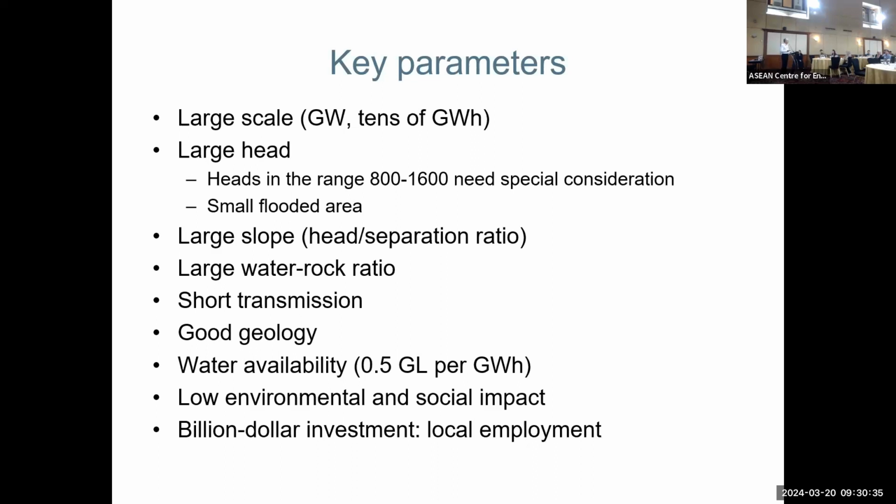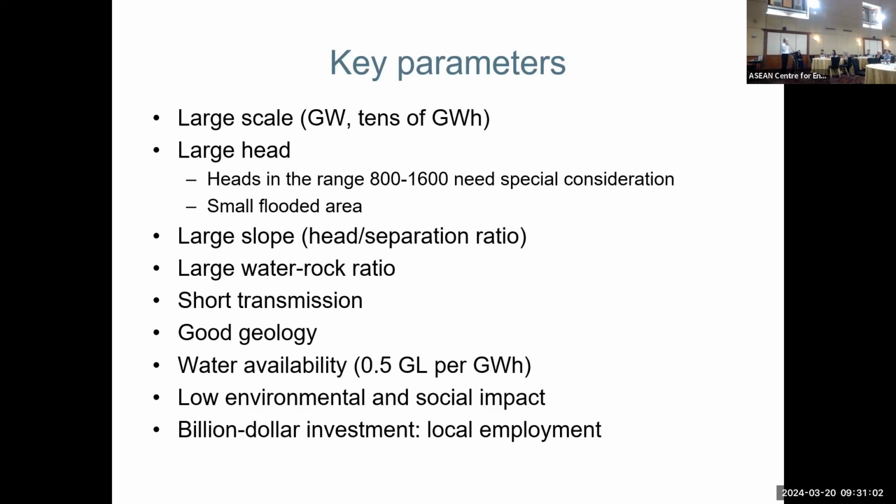Obviously, you have to carefully consider environmental and social impact. All the sites in our atlas are outside protected land on world protected land databases, but there could be protected land or sensitive land that we have not excluded. That is obviously almost the first thing you do. You have a look at the site, you see if there's any obvious problem with flooding this or that piece of land.